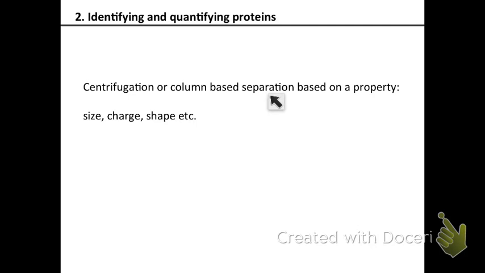Different proteins have different properties such as the length, the charge, and the shape of the protein, etc. So the principle of these methods is based on separation of the proteins based on their different properties.